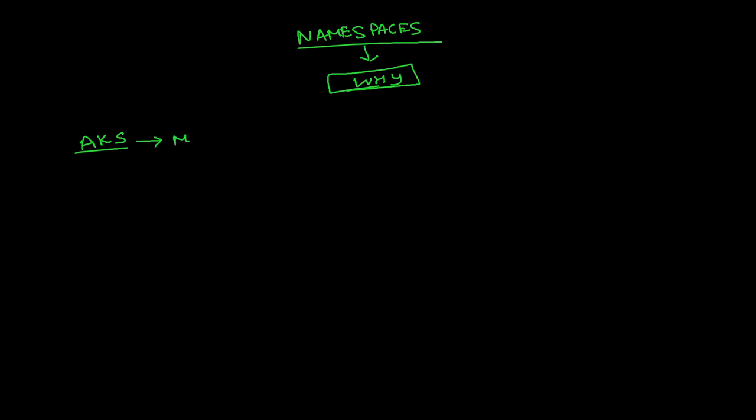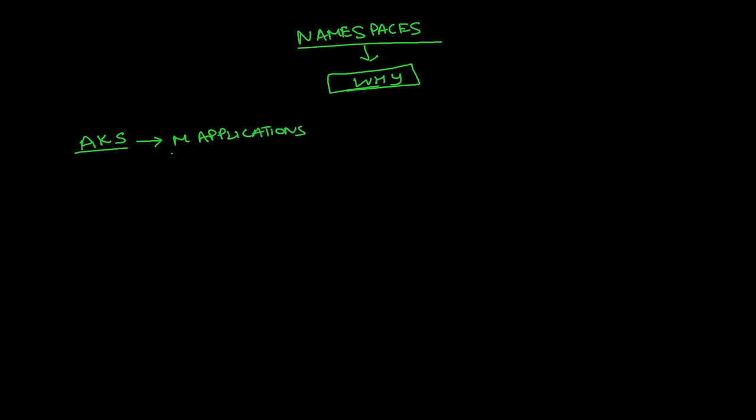Now we need to discuss namespaces. The first thing we need to understand is why we need namespaces. In a real-time scenario, we are going to have one AKS cluster, and in this AKS cluster, we can deploy multiple applications.